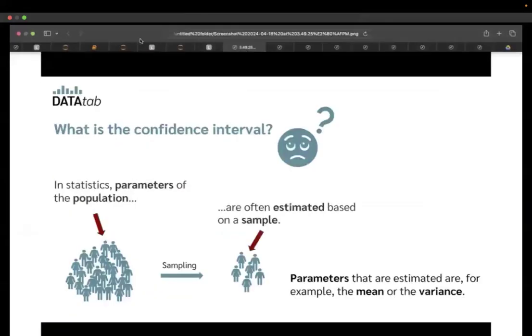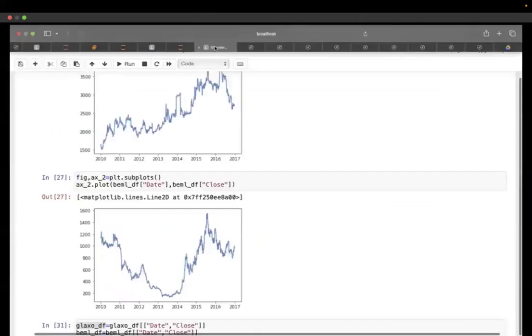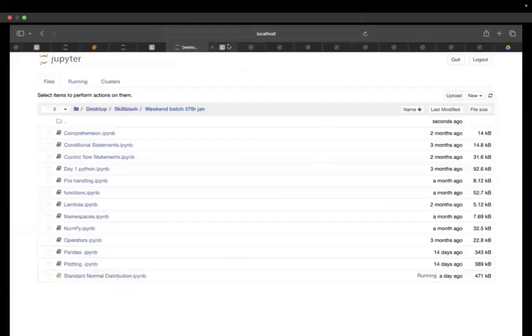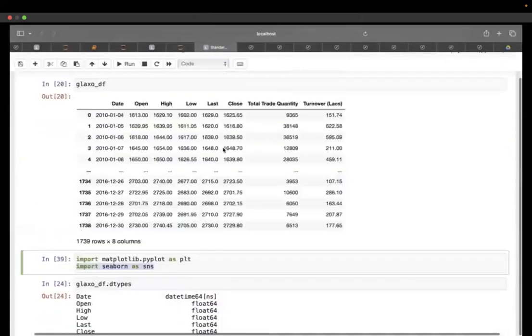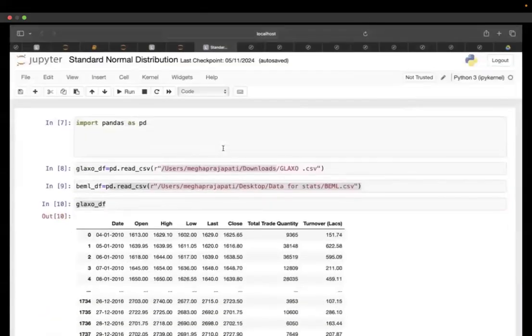That's why I'm leaving it right now. This was our notebook, right? Let me run all the cells. Guys, please open your standard normal distribution notebook.